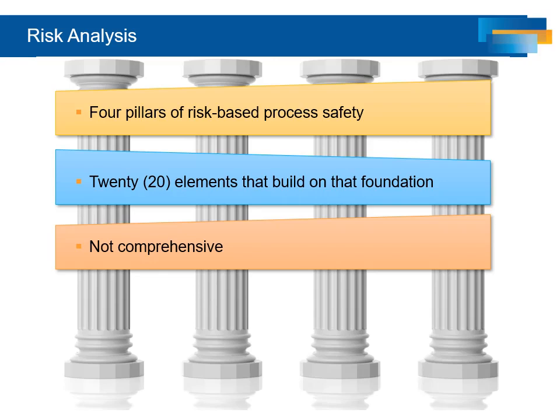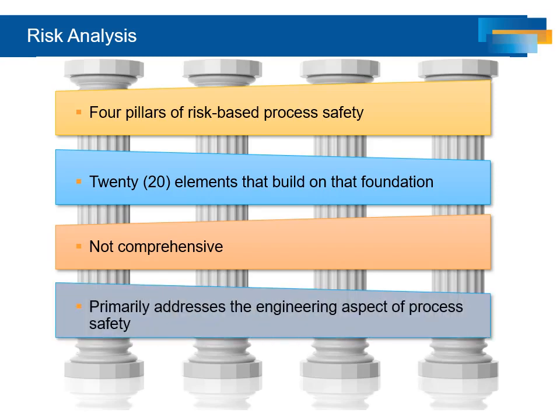It is an introduction such that you will be able to go deeper into the subject as and when that is necessary. This course is primarily concerned with the engineering aspects of process safety, but RBPS is an essential part of the process safety context in which we work.